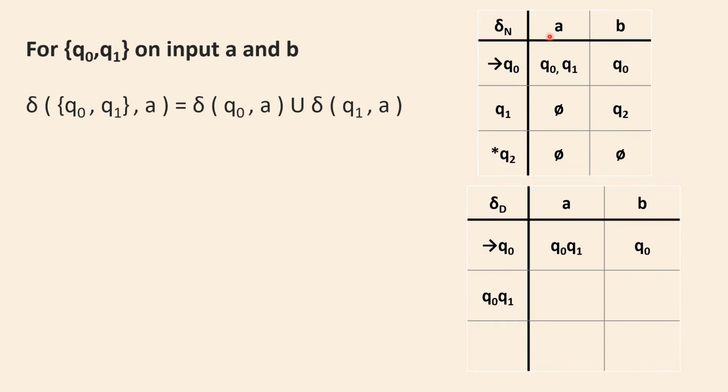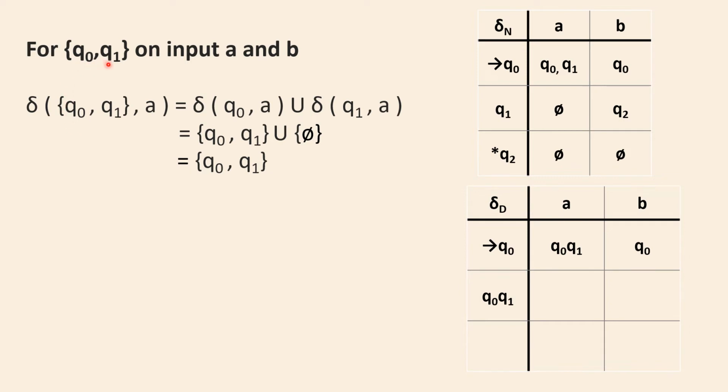Q0 on input A is Q0 Q1, and Q1 on input A has no transitions, that is null. So the union of this will again be Q0 and Q1.